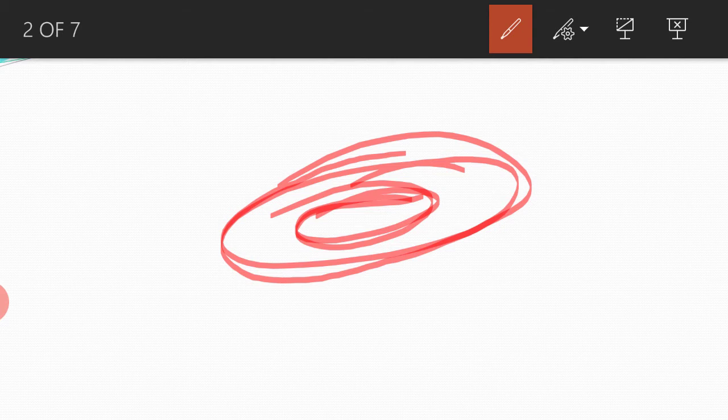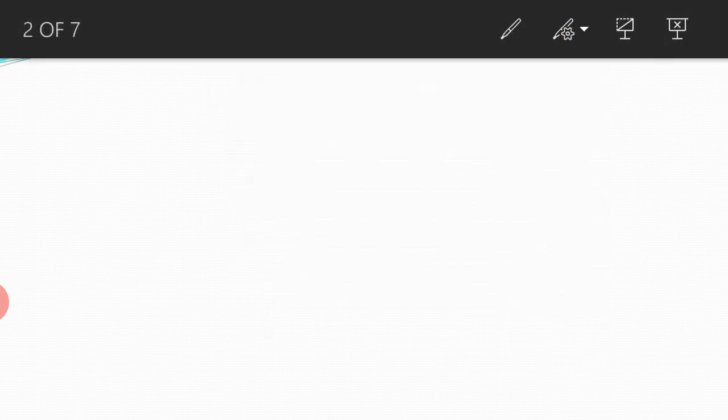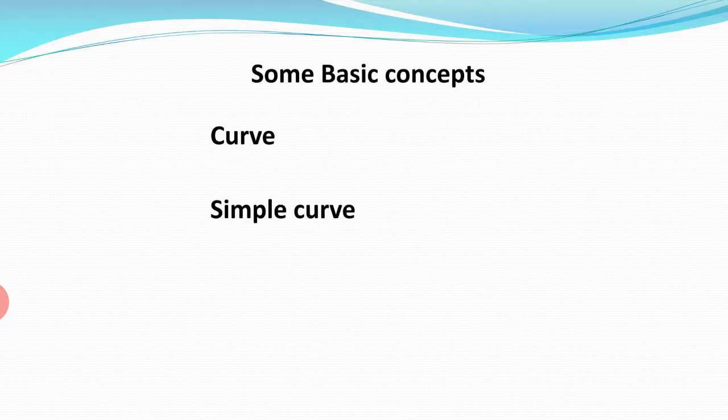So what we have studied till now, so there are curves, and curves are nothing but something drawn by pencil on plane surface. Curves can be simple curve or not simple curve.